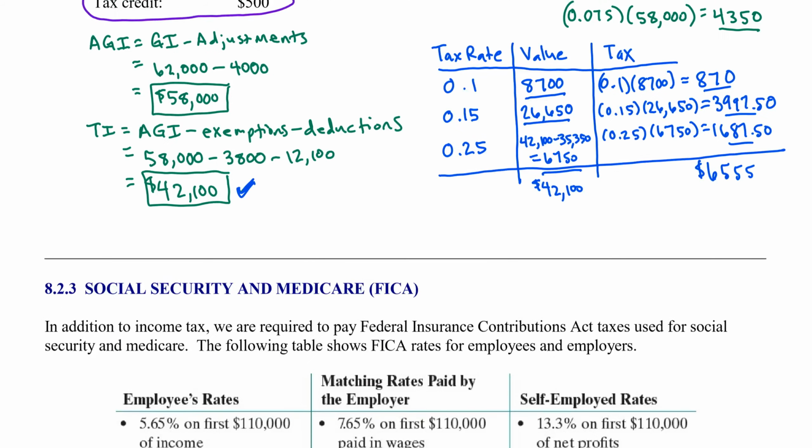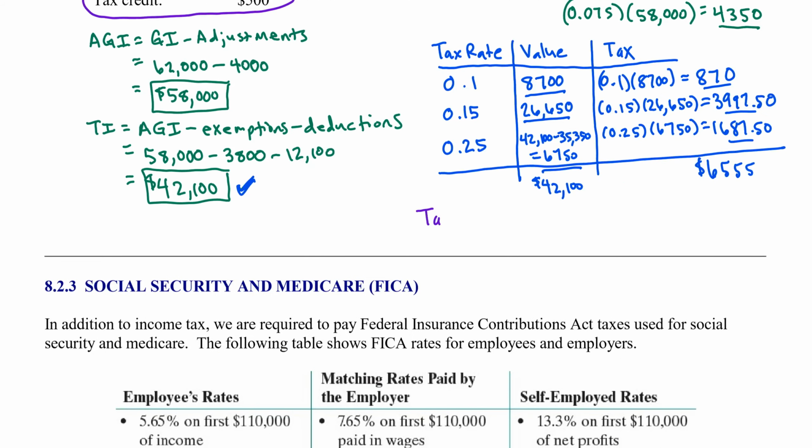So the tax that she owes is our tax calculation, $6,555 minus the $500 tax credit. So she's going to owe $6,055.